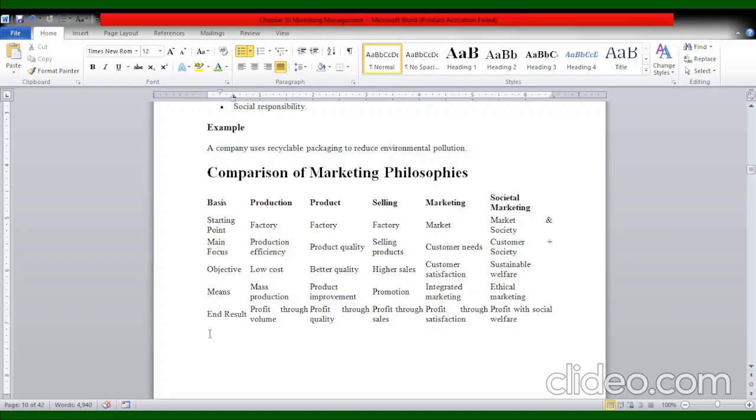Customers should be benefited and satisfied with our product, and the society should have a long-term benefit from our product. So this is how your marketing philosophy will work in this area.